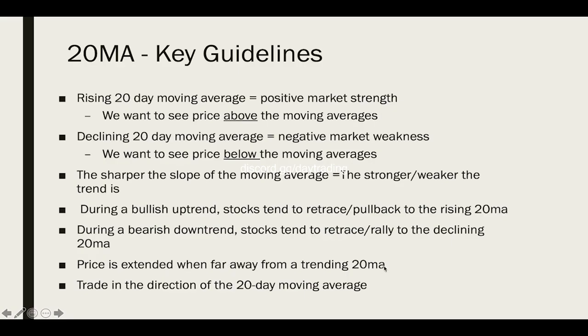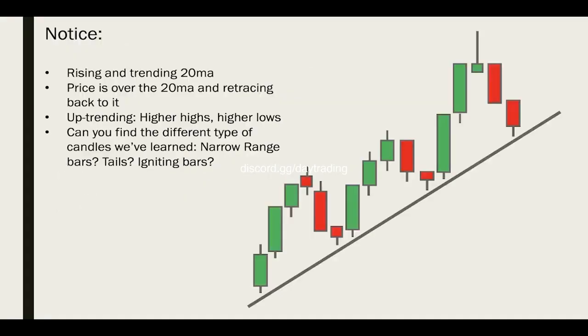There's distance between price and the 20 MA. And in general, always trade in the direction of the 20-day moving average, especially if you're a beginner. Trade with the trend. Don't go against the trend.